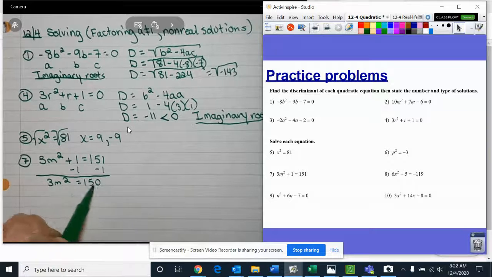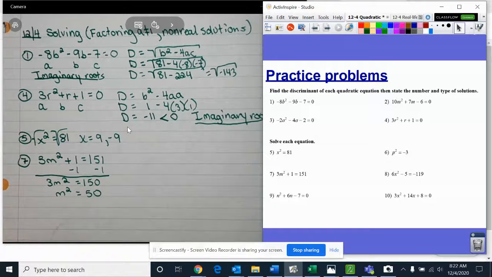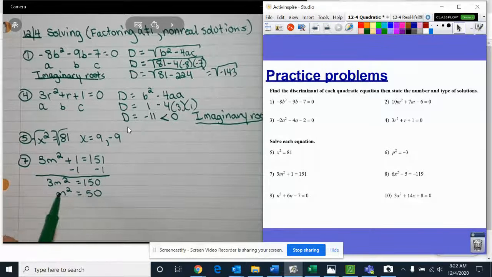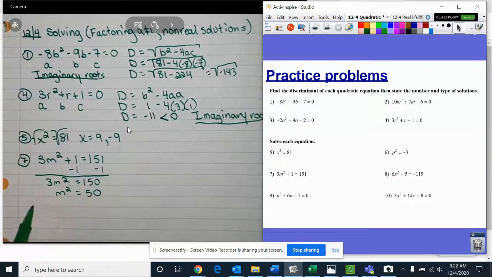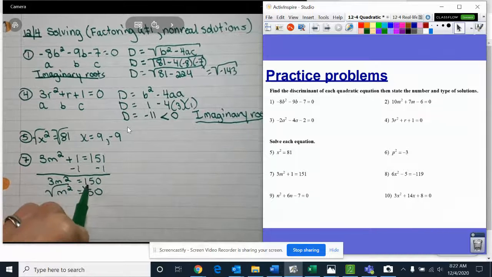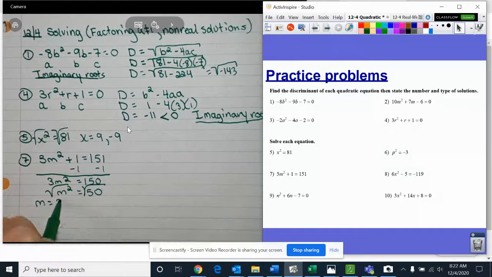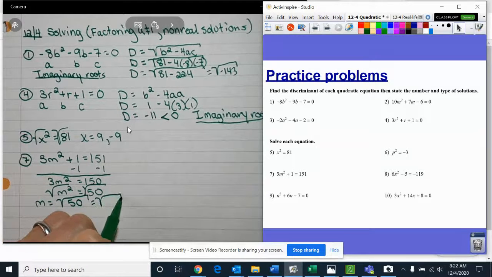Then dividing by 3 on both sides, we get m squared equals 50. Then to take the square root of both sides, we have m equal to the square root of 50, which is the same as the square root of 25 times 2.